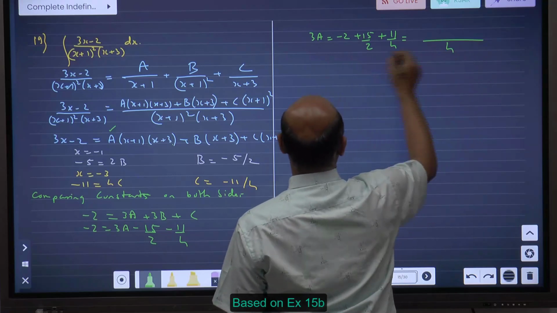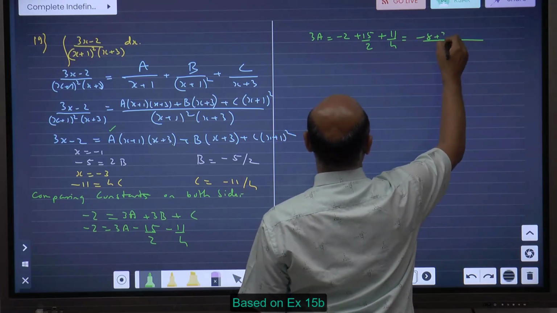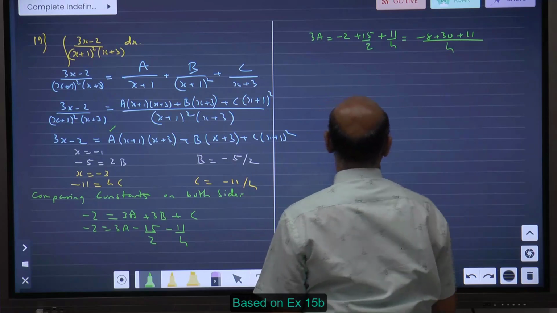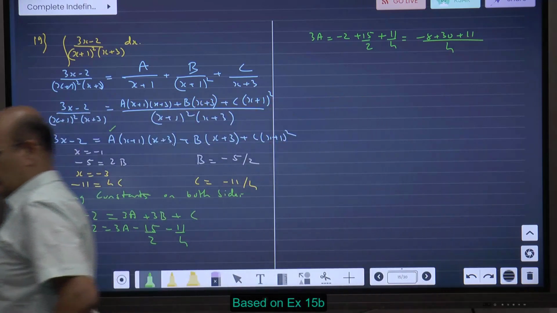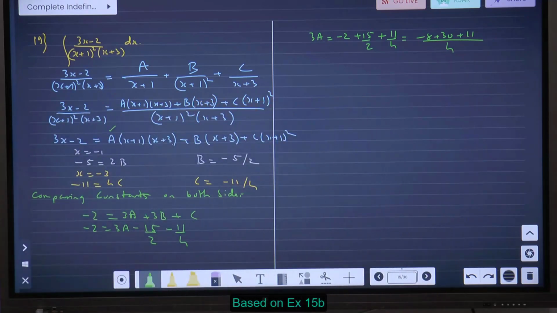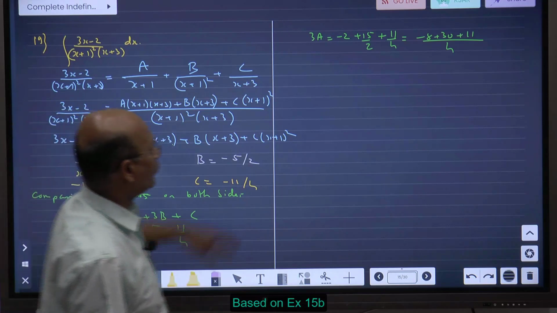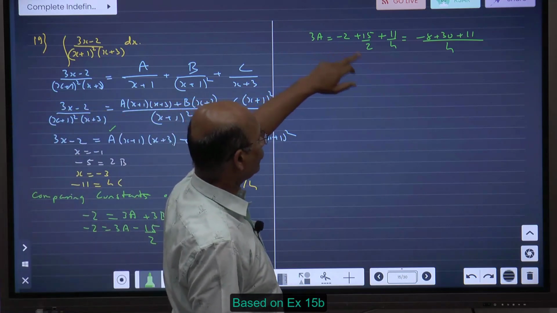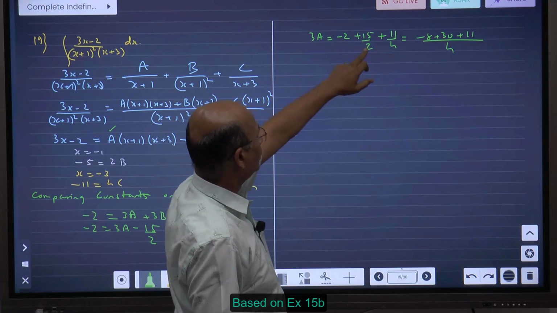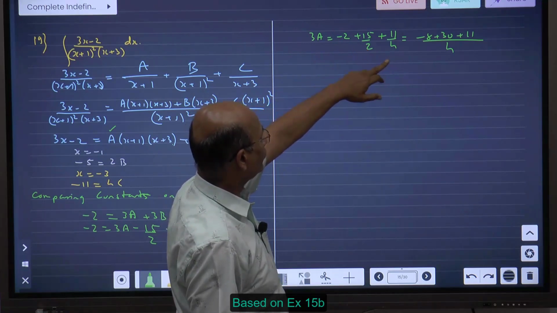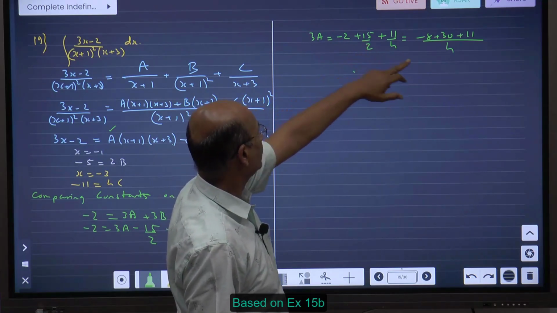I hope you check the working, children. Minus 2 plus 15 upon 2 plus 11 upon 4. LCM is 4 here. So 1 4s are 4, 4 2s are 8, 2 2s are 4, 2 15s are 30, plus 11.